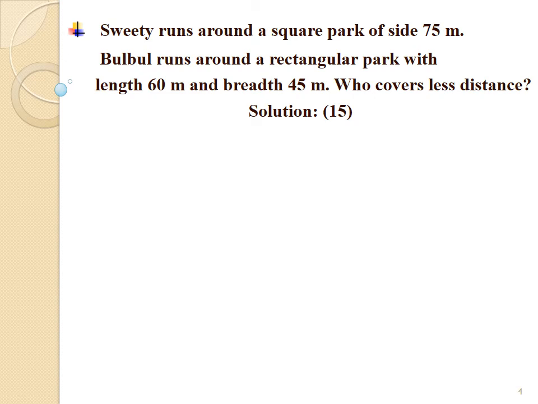Now, sum number 15. Sweetie runs around a square park of side 75 meters. Bulbul runs around a rectangular park with length 60 meters and breadth 45 meters. Who covered less distance? Students, in this question, we have to find out who covers less distance, Sweetie or Bulbul.